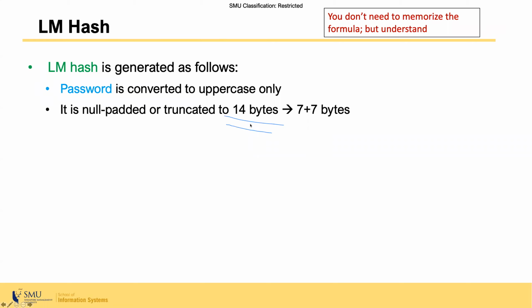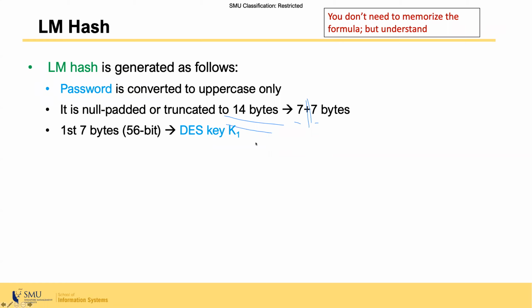And then this 14 bytes is split into 7 plus 7 bytes. Later, in the next step, we will see why we need to split into two 7-byte halves. The first 7 bytes is used as a DES key.